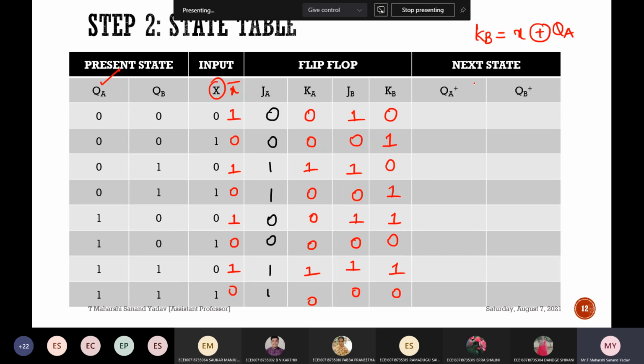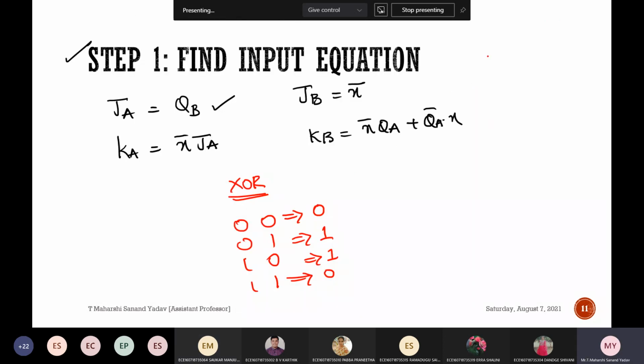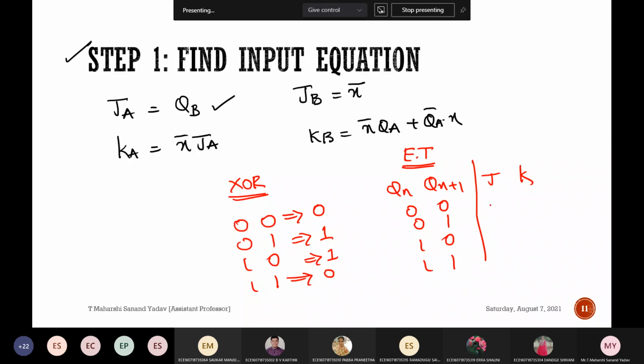Next state. What is the flip flop that you are using? JK. Tell me the excitation table for JK followed by the characteristic equation. For Qn+1, I need J followed by K: 0 1 X X, 0 1 X X, X X, 0 0, X 1, 1 0.